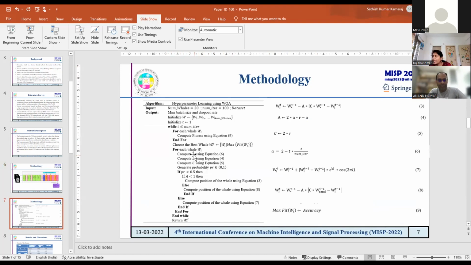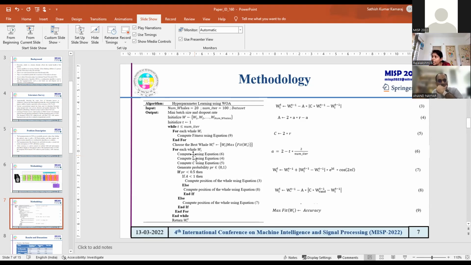So this is the schematic algorithm that we used to find the hyperparameters of the proposed Whale optimization based CNN. The number of whales that we have taken into account is 20, and the number of iterations is 100. The output given by this Whale optimization based algorithm is mini batch size and dropout rate. For each iteration, the algorithm computes the fitness.